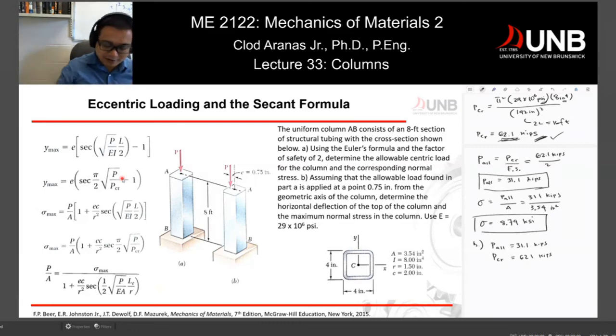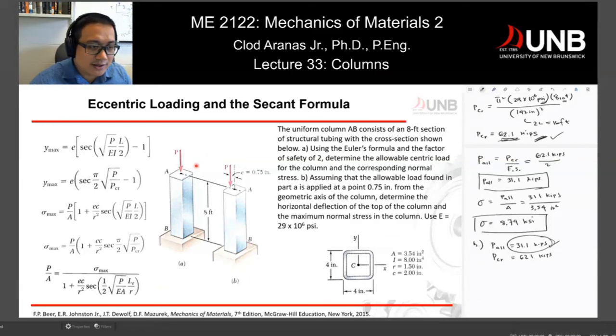Now we have P allowable and PCR, and if we review the question again, the allowable load found in part A, which is 31.1, is applied at point P, so that's our force. So our force is 31.1, which means in the equation for Y max, that's our P right there.